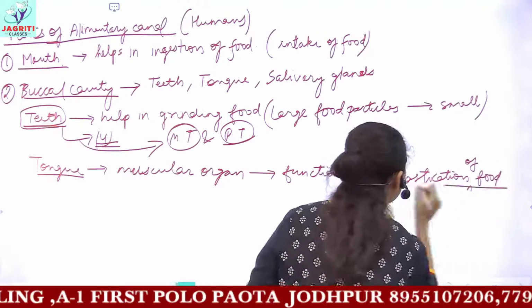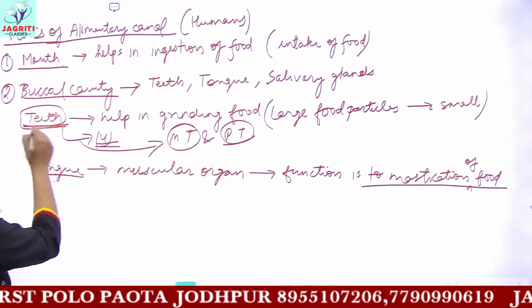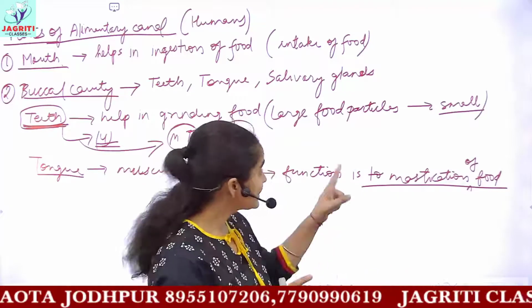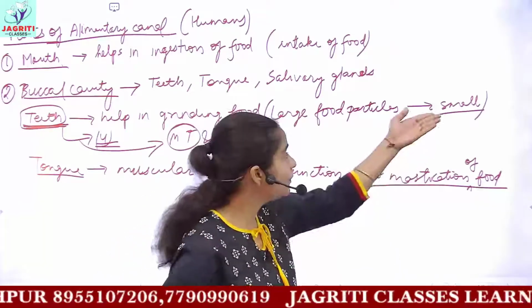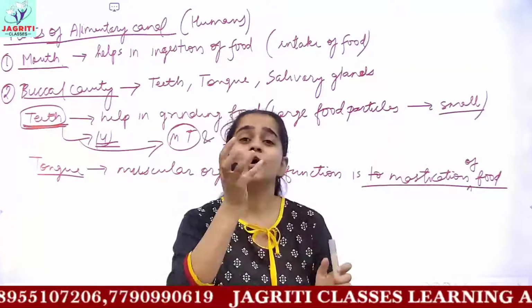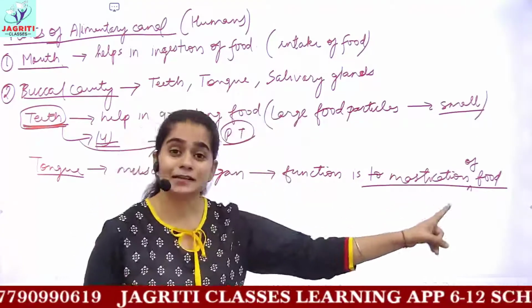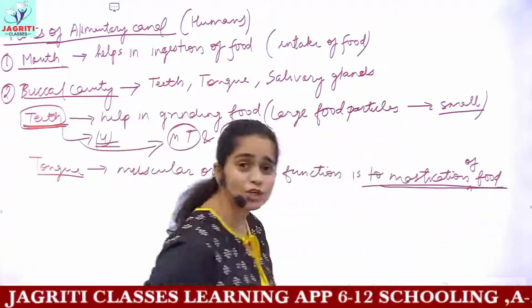What do you mean by mastication of food? The food particles which were broken down by the teeth into small particles, now what does this tongue do? This tongue rolls up the particles. These smaller particles are rolled up in the form of a sphere or a ball, and this is done by the tongue.